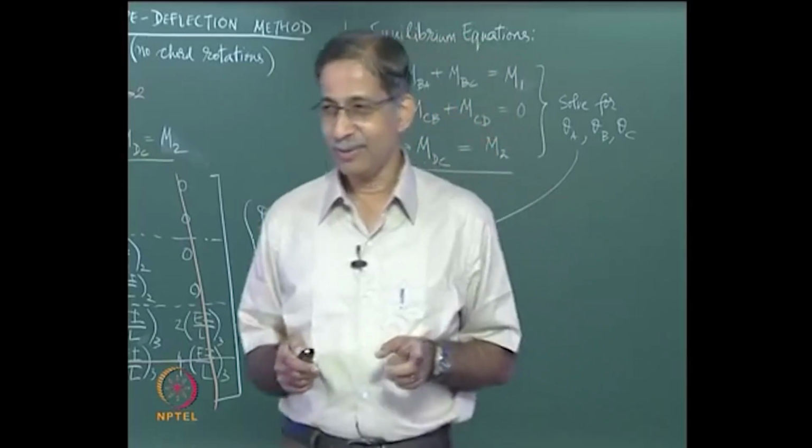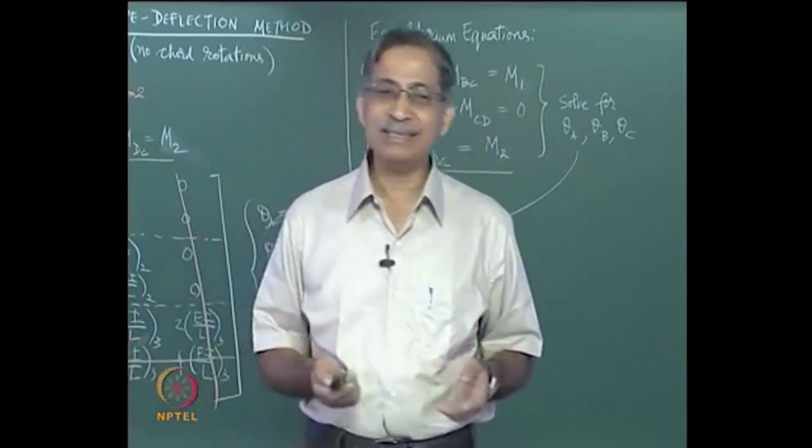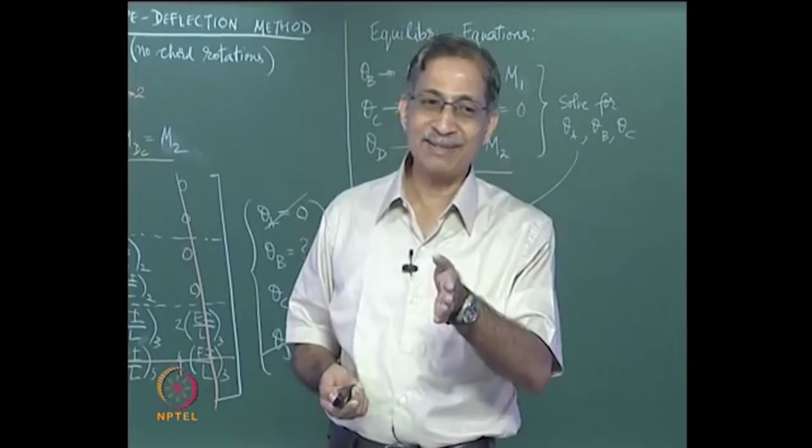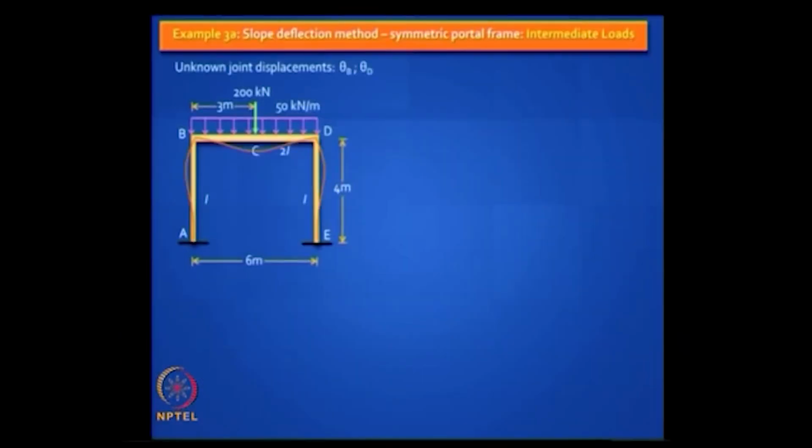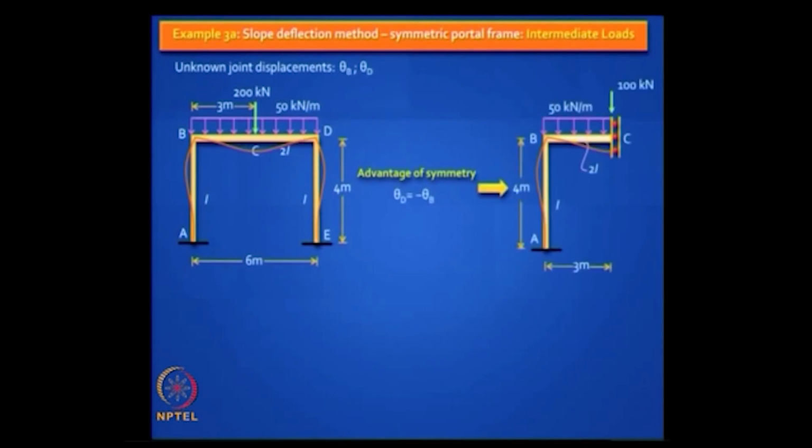So you can do all that, but it is much easier to just cut the beam at C. Okay. So this is the deflected shape, take advantage of this, just do this. Now it can't move, only theta B can move, so you should do this, it is the easiest thing you can do, single unknown.